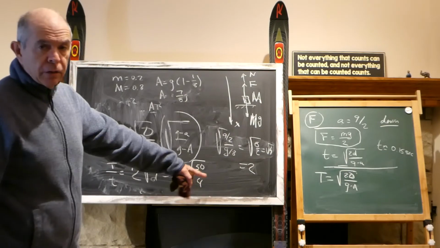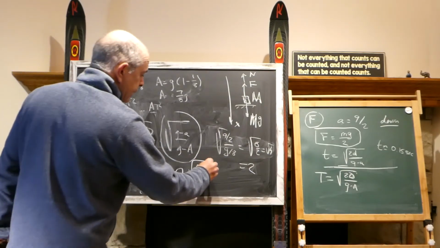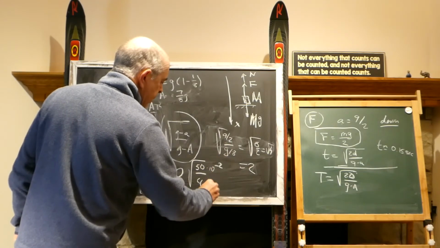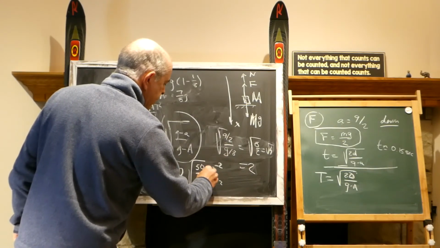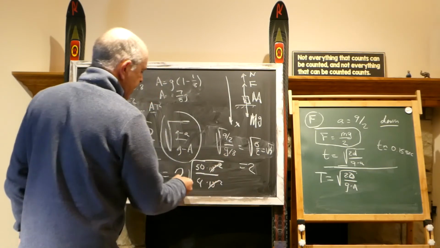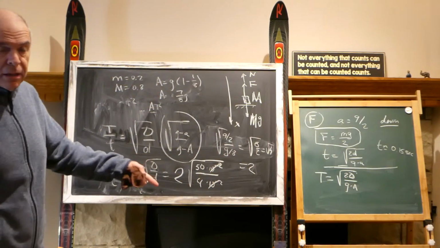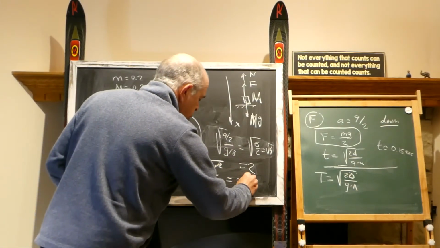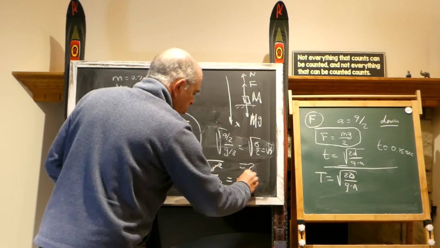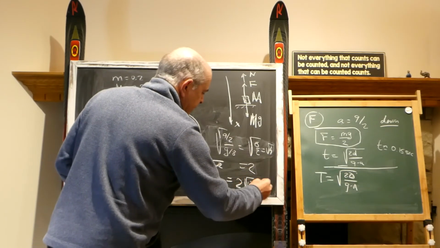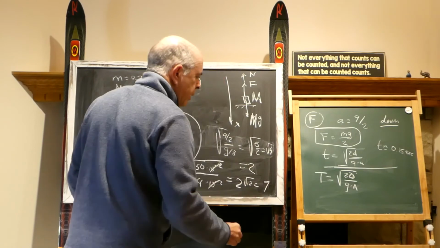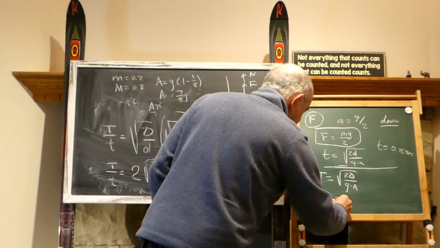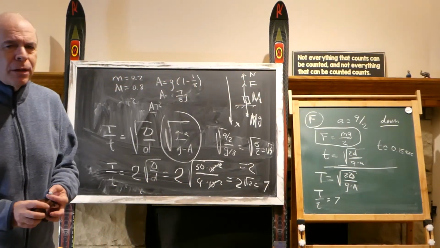And I don't even have to convert to meters, because I can multiply by 10 to the minus 2, and they will all go away, because as long as both are centimeters, it doesn't matter. And the end result would be 2 square root of 50 over 4, which is square root of 12. 12 is roughly 3.5, so it would be 7. So I can roughly say that this t capital over t is 7 times. And it's a very rough estimate, of course.